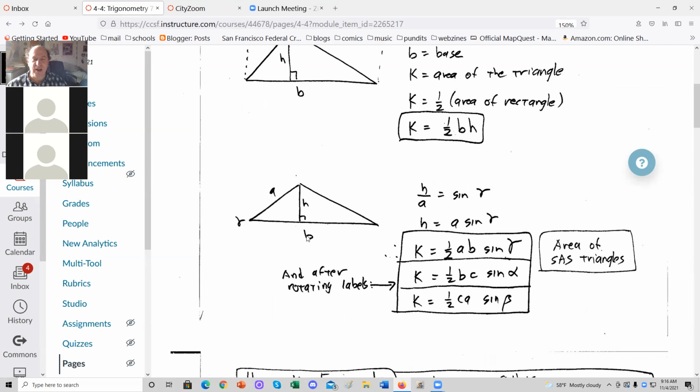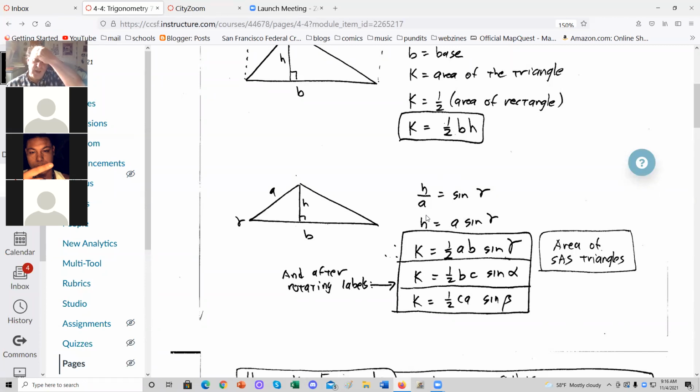Okay, so now let's start with the side-angle-side formula. Given sides a and b, and the angle gamma between them, we draw the height h. h over a is sine of gamma, so h equals a sine gamma. Plugging that in, K is 1/2 ab sine gamma.